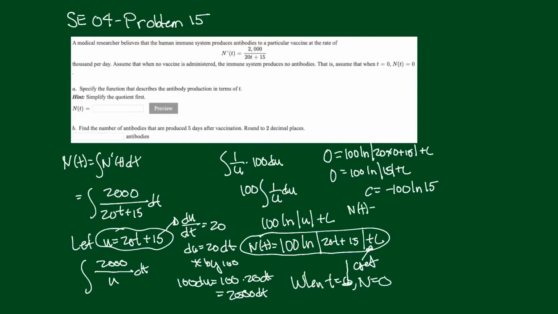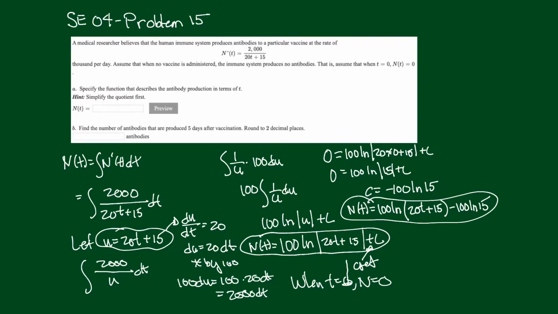N of t is going to be 100 times the natural log of 20t plus 15, everything's positive so I don't need absolute values, and then c, which is negative 100 times the natural log of 15. There's our n. That's part A.